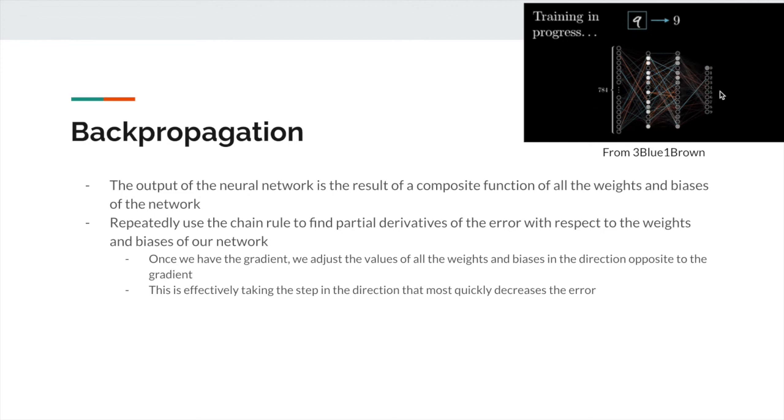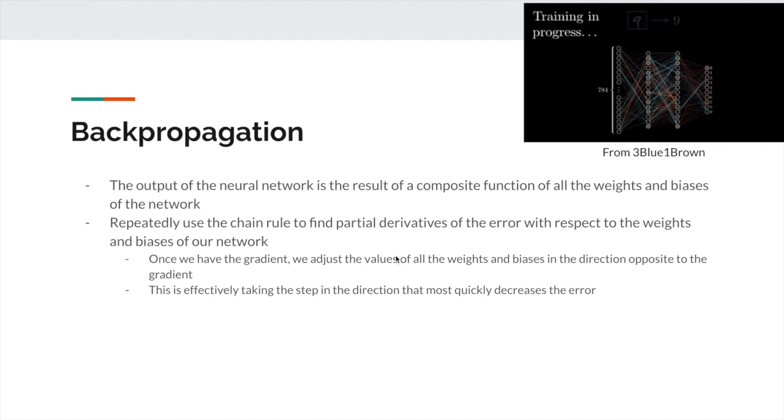When you're performing backpropagation, this is essentially an efficient way to calculate the gradients for your neural network. I'm not going to go too much into the specifics in this lecture, but what essentially happens is you repeatedly use the chain rule to calculate the individual partial derivatives for each weight and bias. So you learn how to change that individual weight and bias to increase or decrease the error most effectively.